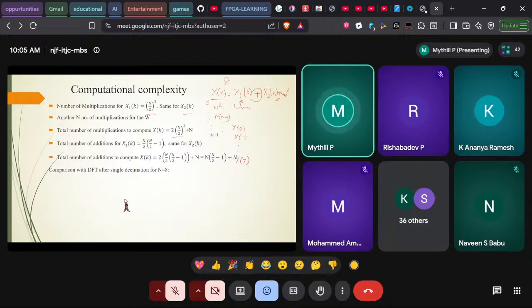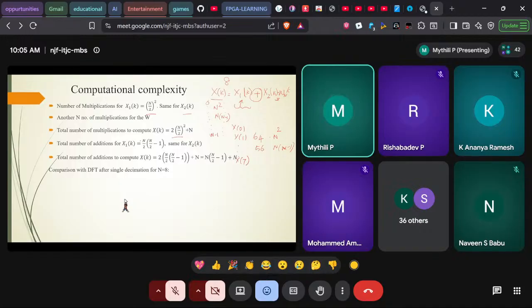Now let's compare this with the n point DFT. Let us take a value n is equal to 8. We already know for n is equal to 8, we have 64 multiplications, that is n square, and 56 additions, n into n minus 1. Okay. Now let's do the same thing for this expression, x1 of k plus x2 of k into Wn of k.